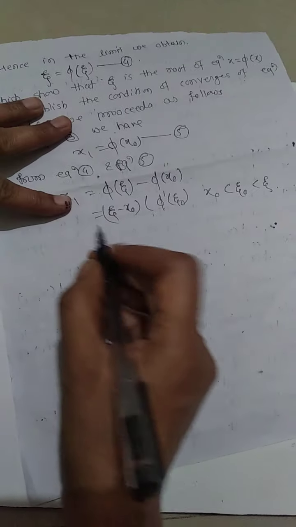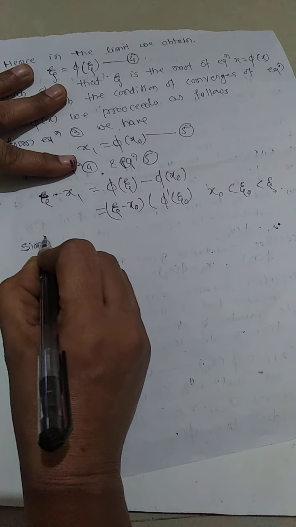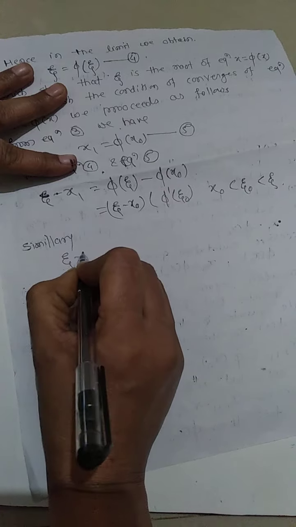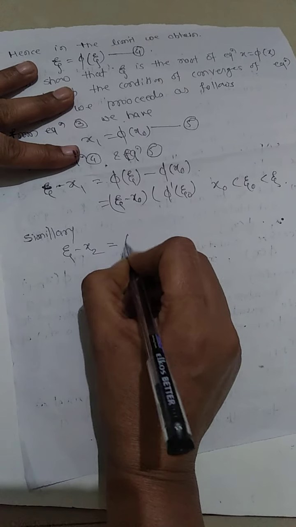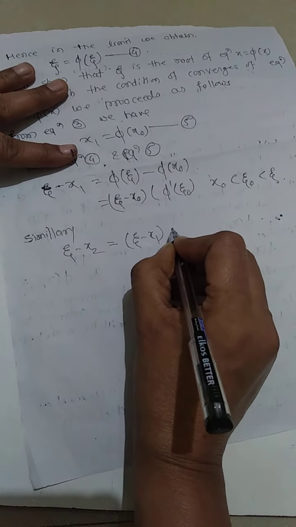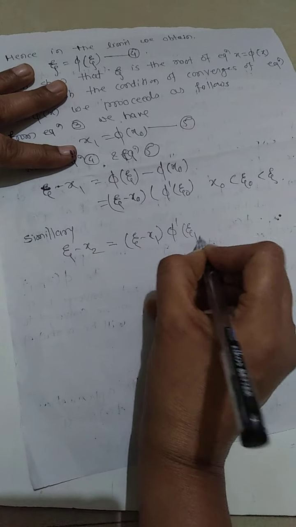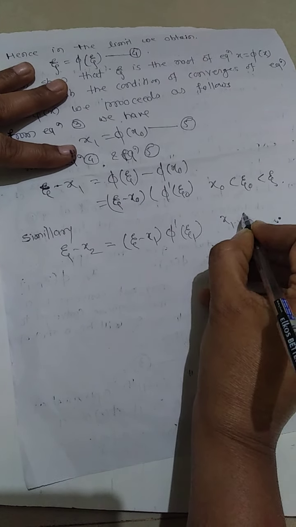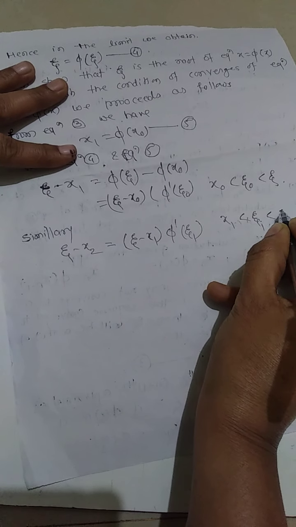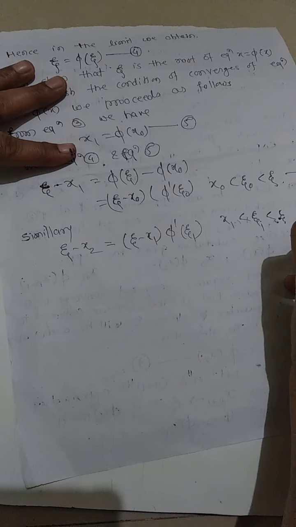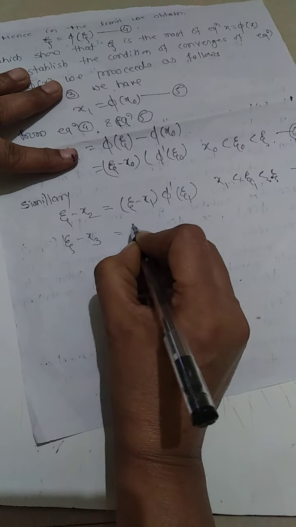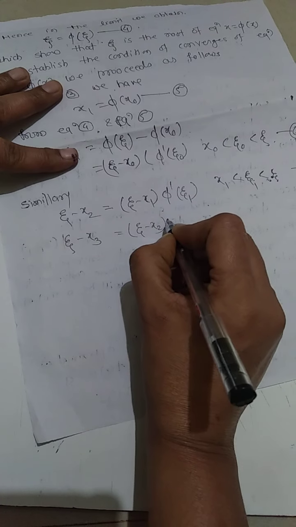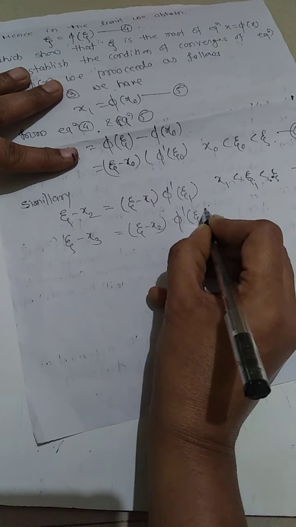Similarly, xi minus x2 is equal to (xi minus x1) into phi dash of xi1. Here again x1 is less than xi1 is less than xi. That is 6, that is 7, and again xi minus x3 is equal to (xi minus x2) into phi dash of xi2.